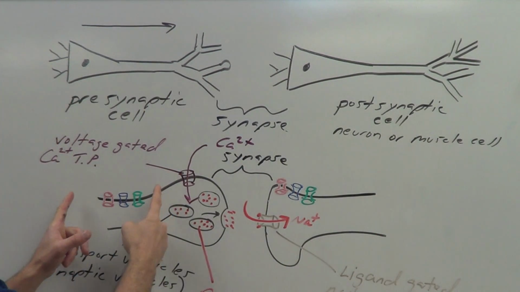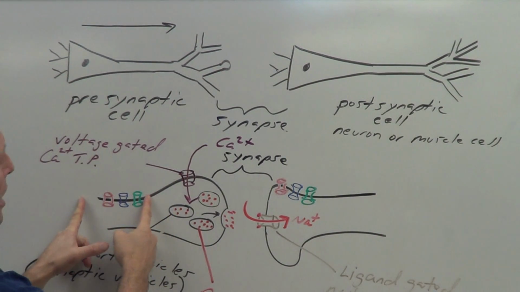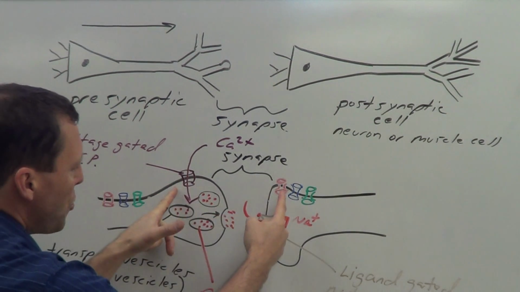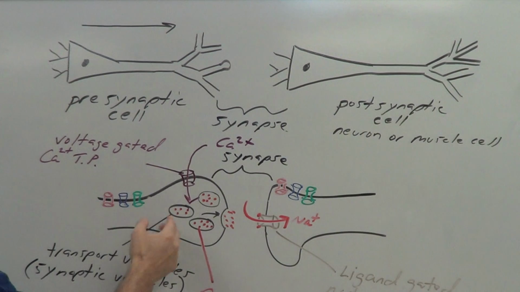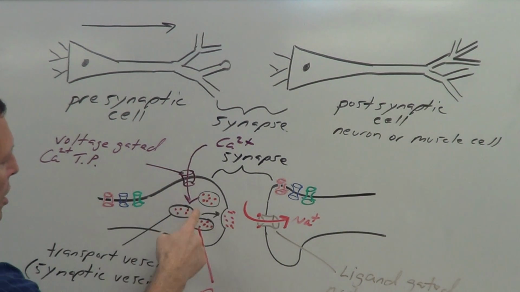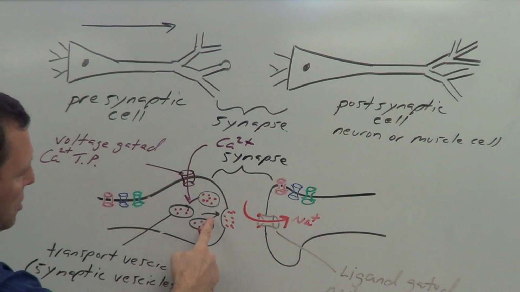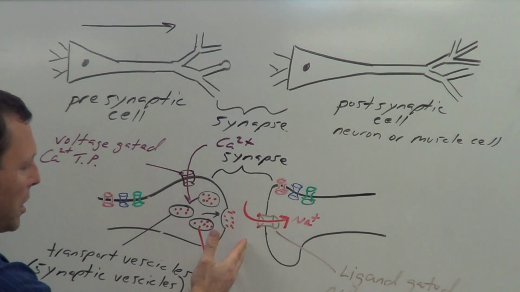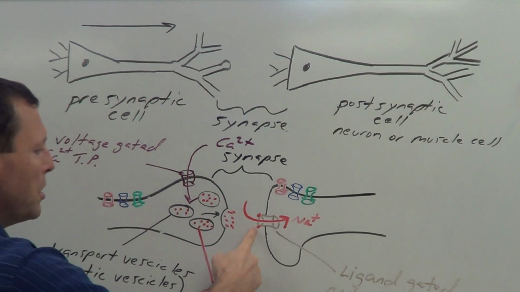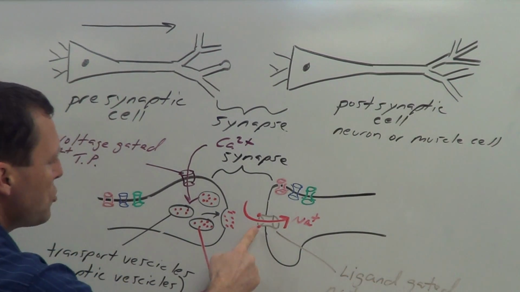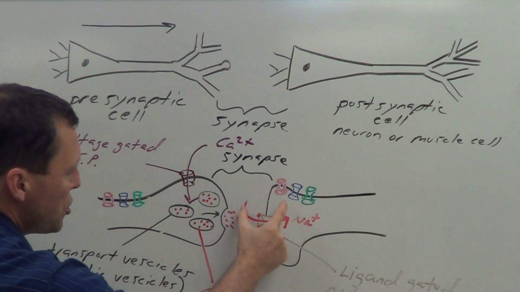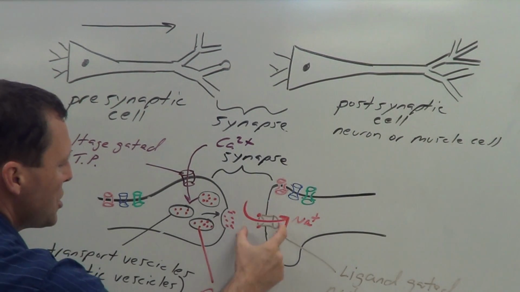Now again, we've got an action potential going on here, and then when we get to the very end, that's when we get to synaptic transmission, the opening of the voltage-gated calcium transport protein, which then causes the synaptic vesicles to fuse with the cell membrane, exocytosing the acetylcholine. The acetylcholine binds to the ligand-gated sodium transport protein and allows the sodium to flow in, which changes the voltage of the postsynaptic cell.